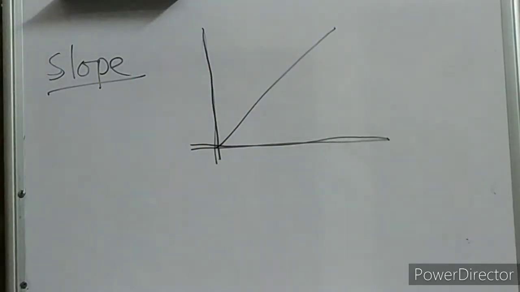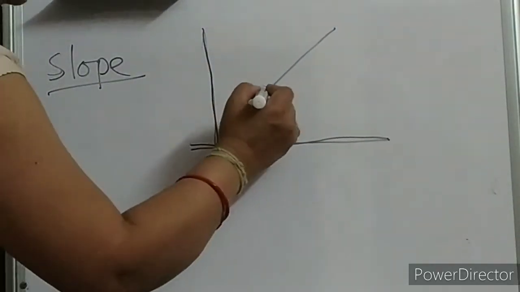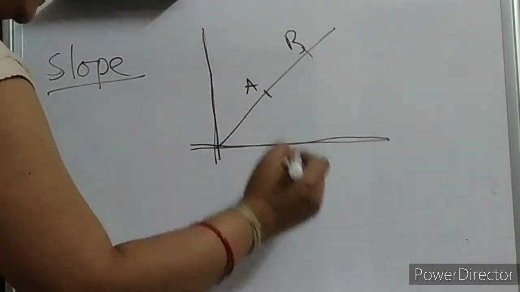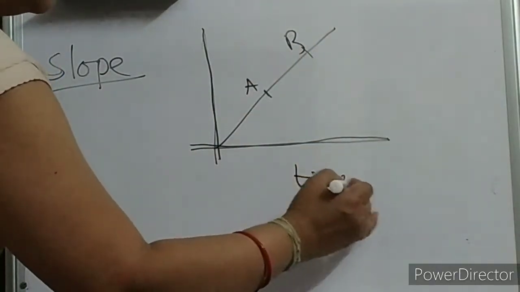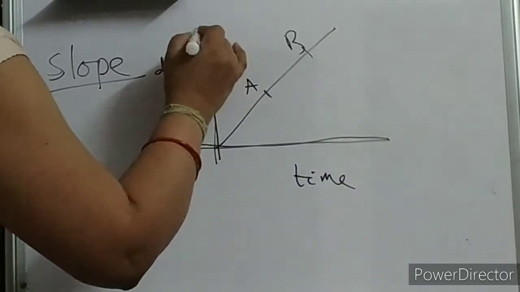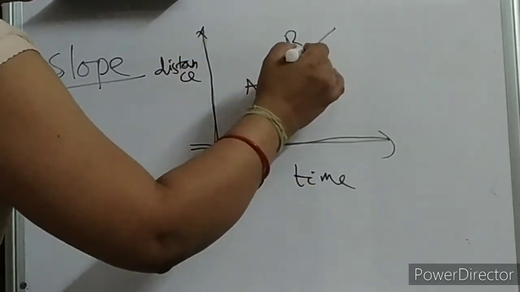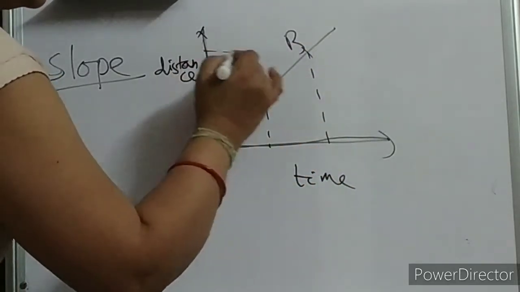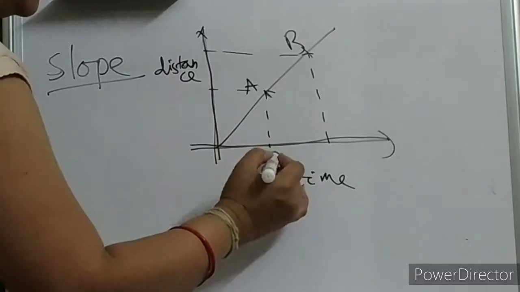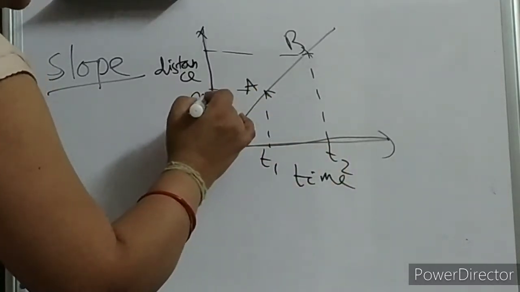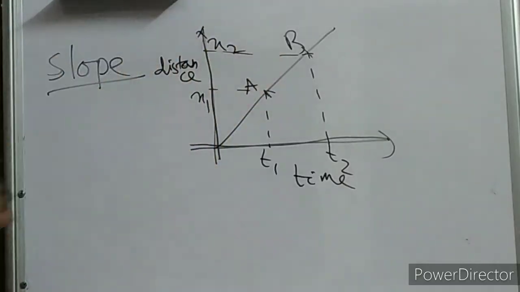Okay. Now let us say this is A and this is B. This is your time and this is your distance, children. Now draw the perpendicular like this. Let it be T1 and T2. This is x1 and x2.